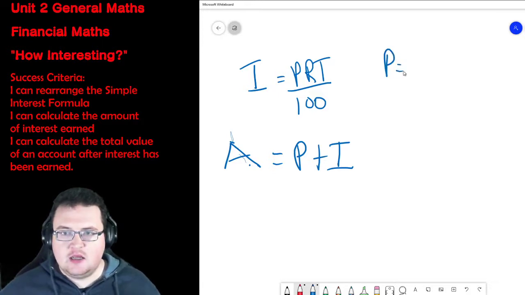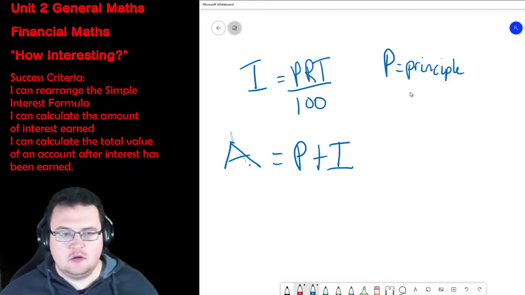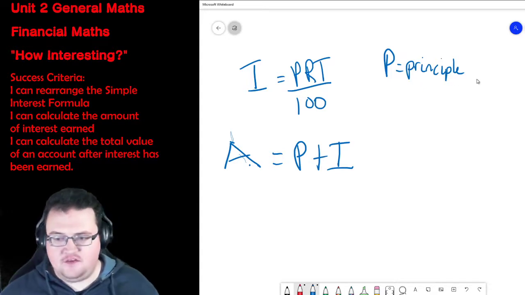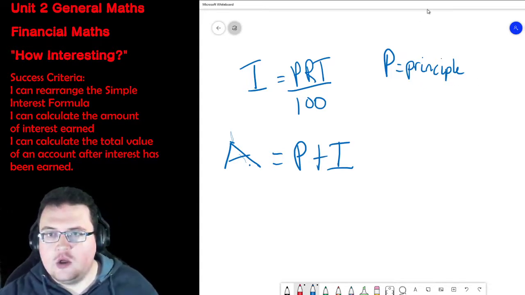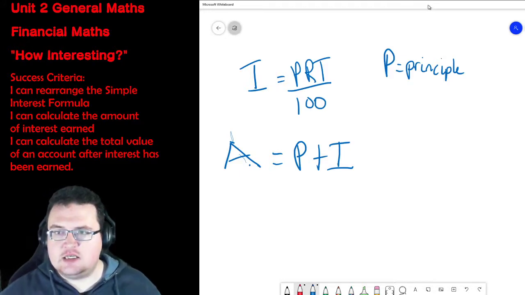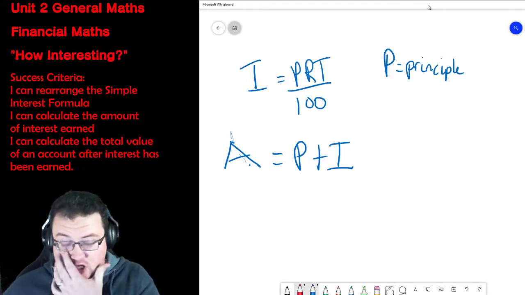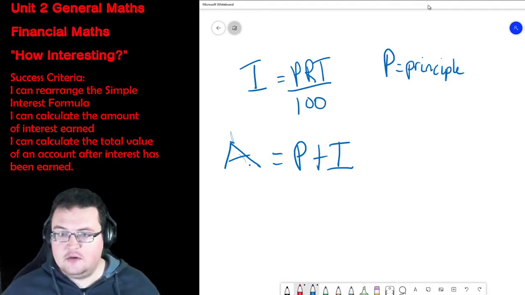So P is the principal. And no, I don't mean Miss Ogden. All right, principal with PLE on the end. Can anyone tell me what the word principal means in the context of financial maths?